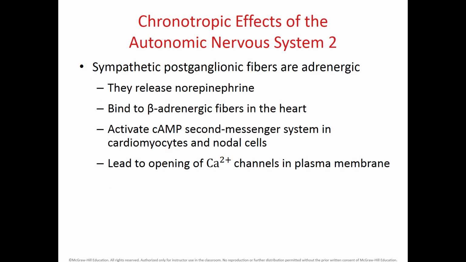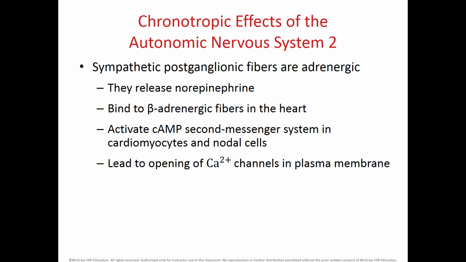Drugs like adrenaline or epinephrine increase the heart rate, so they have a positive effect. They do so because within the heart cells, we have receptors called beta adrenergic receptors that increase the contractility of the heart and increase the heart rate.